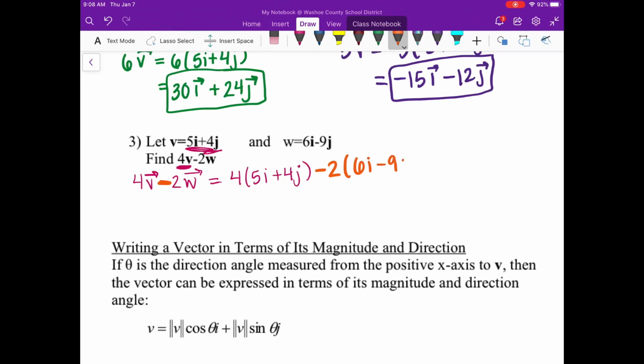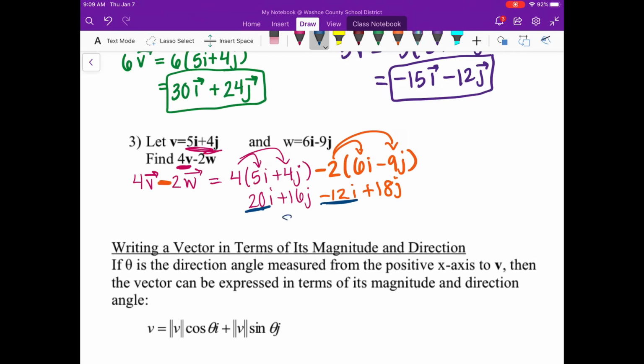And then I am going to subtract 2 times the vector w, 6i minus 9j. So go through and simplify those. 4 times 5 and then 4 times 4, 20i plus 16j. And then that -2 times a negative becomes a positive.